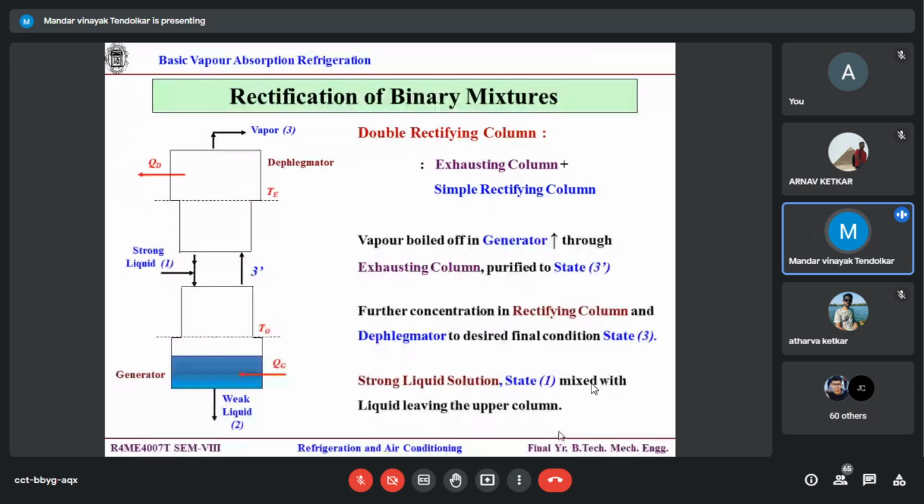And the liquid getting mixed with the vapor in the upward direction, vaporization starts. So liquid side condensation in the downward direction and vapor side evaporation in the upward direction. So my QG, that is the input value, reduces, and that is what I want, to increase the COP.